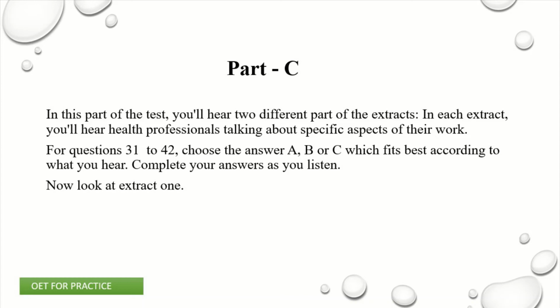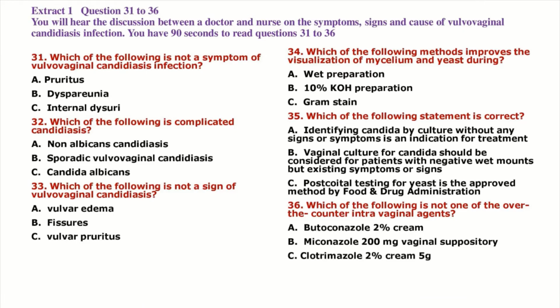For questions 31 to 42, choose the answer A, B, or C, which fits best according to what you hear. Complete the answers as you listen to the audio. Now, look at Extract 1. You hear the discussion between a doctor and a nurse on the symptoms, signs, and causes of vulvovaginal candidiasis infection. You have 90 seconds to read the questions 31 to 36.